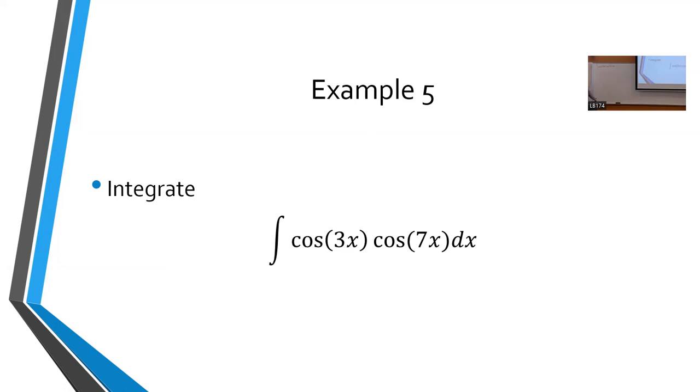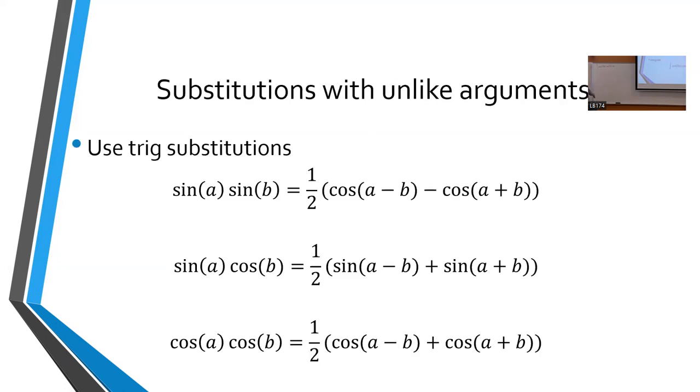Well, I simply look back to that identity and say, oh, this is cosine times cosine. That's the third option.